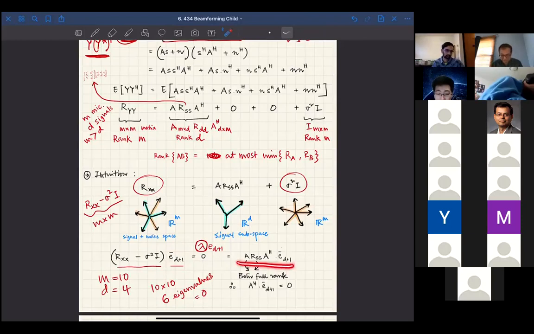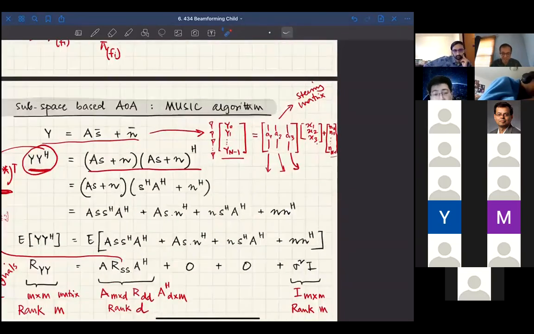Now, if this right-hand side has to be 0, observe that A and Rss are both full rank. A is this matrix.